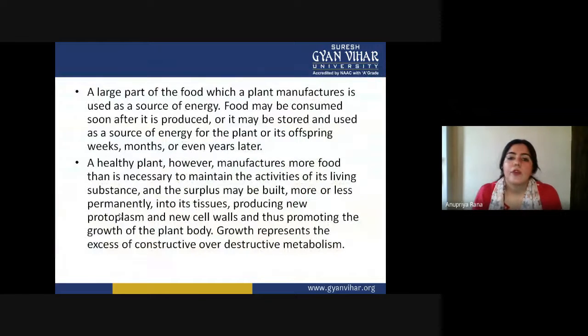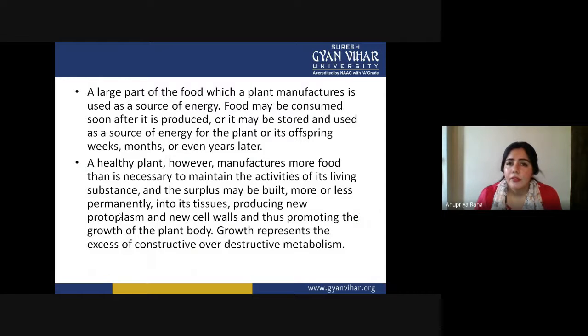A large part of the food which a plant manufactures is used as a source of energy. The most important thing for us, the product of the plant, we get in the form of fruits, and they give us energy. Food may be consumed soon after it is produced, or it may be stored or used as a source of energy for the plant or its offspring weeks, months, or even years later.